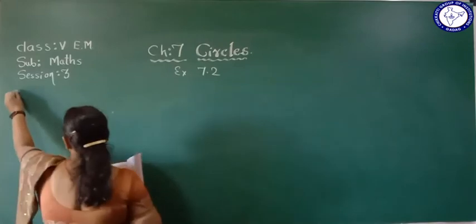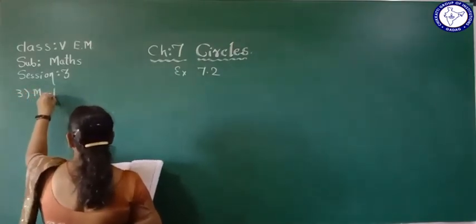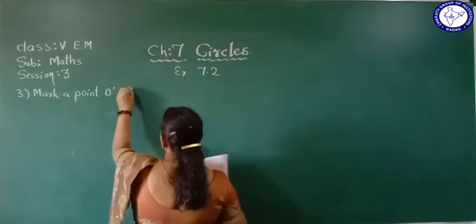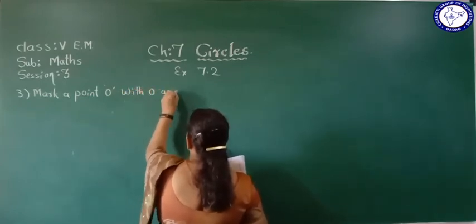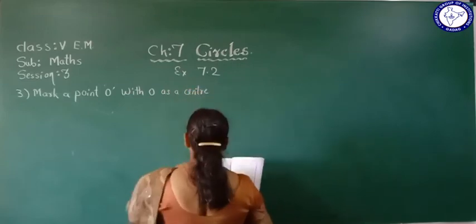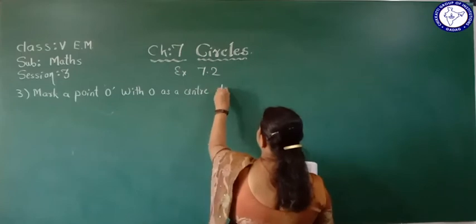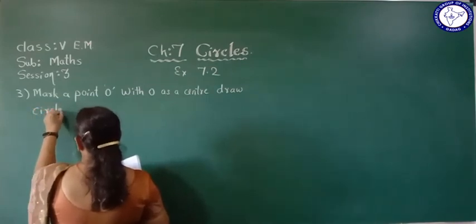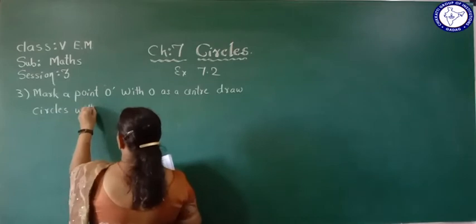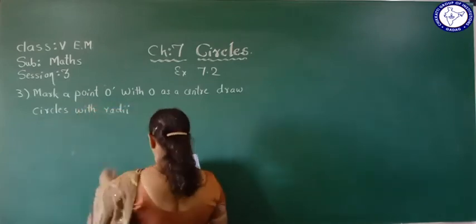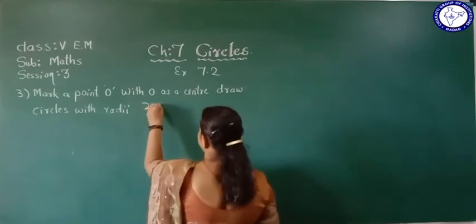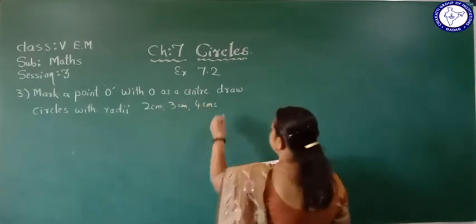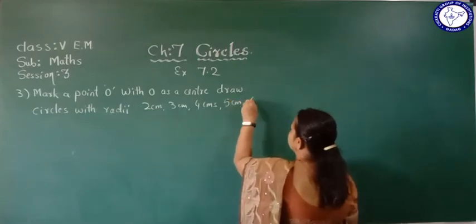Third main question: mark a point O, with O as a center, draw circles with radii 2 centimeter, 3 centimeter, 4 centimeter, 5 centimeter and 6 centimeter.